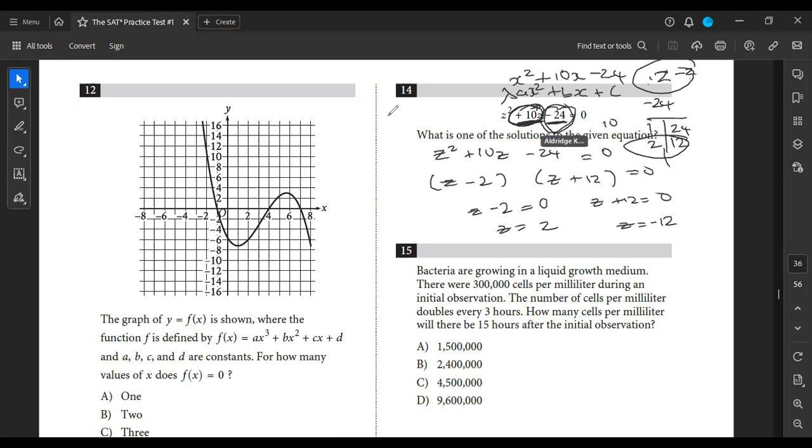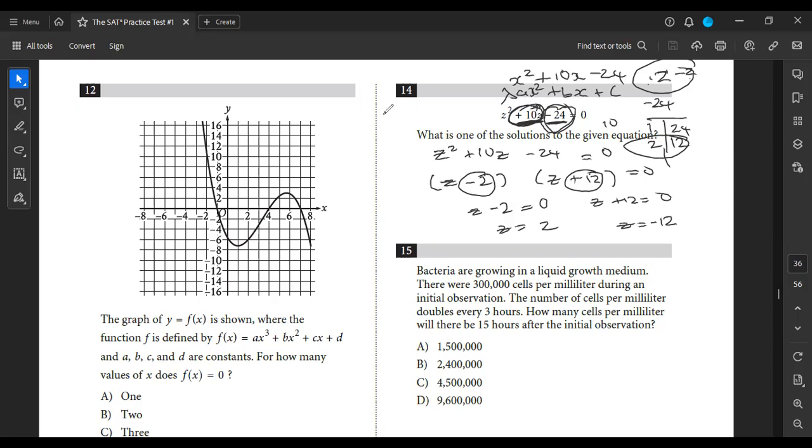So now we can split this quadratic into z minus 2 and z plus 12, because these are the two factors we found, negative 2 and positive 12. And then we just equate that to 0. So the values are going to be 2 and negative 12. Does that make sense, Jerome? Oh, yes. Yes, sir.